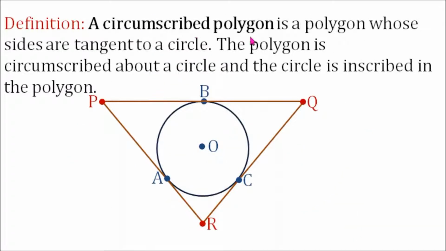A circumscribed polygon is a polygon whose sides are tangent to a circle. The polygon is circumscribed about the circle, and the circle is inscribed in the polygon.